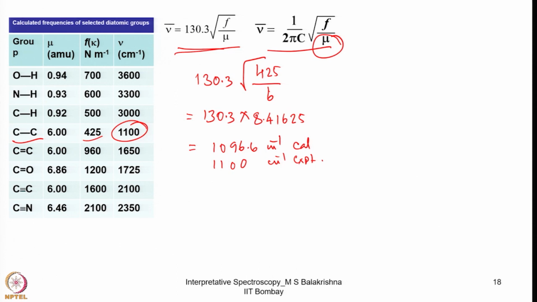In the other equation, where we are using 4.12 into square root of f by mu, you multiply f by 10 raised to 3 or 10 raised to 5 to make it dynes per centimeter. So let me come up with more examples in my next lecture. Until then, have a good time. Thank you.